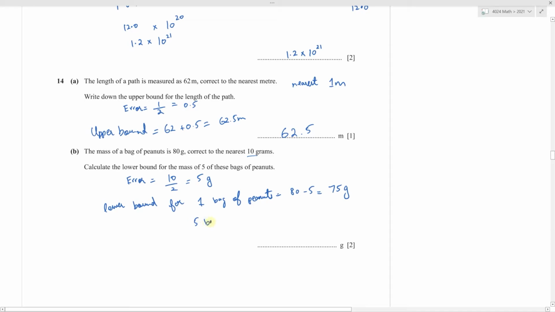For 5 bags, the lower bound will be 75 multiplied by 5. 5 times 5 is 25, 2 carries, 7 times 5 is 35, 35 plus 2 is 37. So 375 grams is the lower bound mass for 5 bags of peanuts.